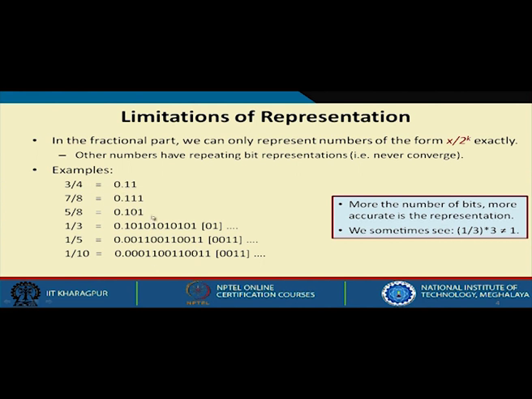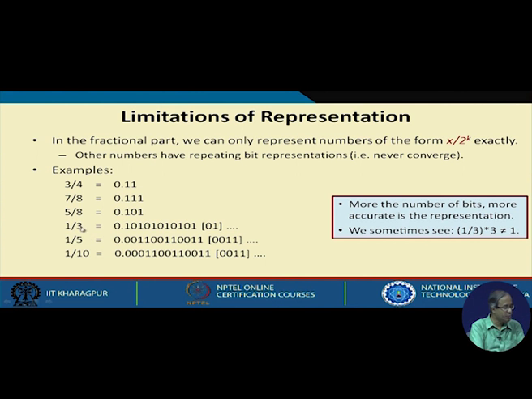In the fractional representation in binary, if you look a little carefully, you will see that only numbers which can be represented in the form x divided by 2 to the power k, where the denominator is some power of 2, can be precisely represented in binary, like 3 by 4, where 4 is a power of 2, you can express as 0.11, 7 by 8, 8 is a power of 2, 0.111, 5 by 8, 0.101.